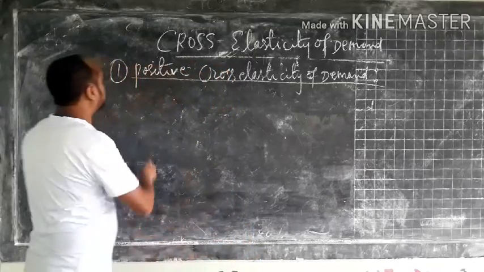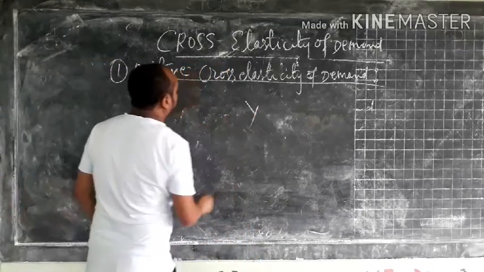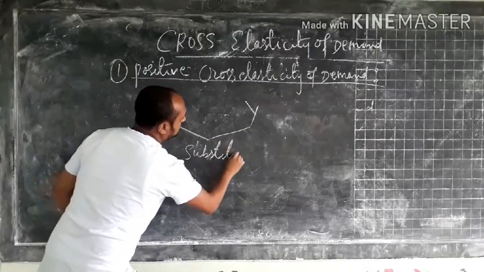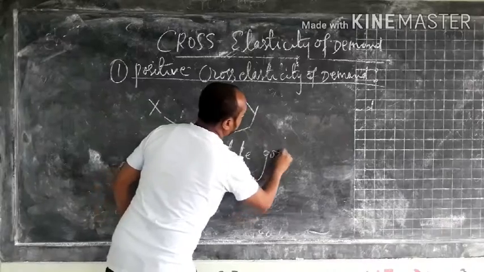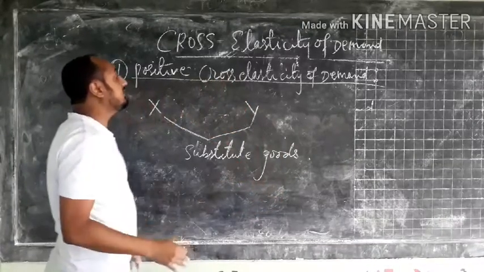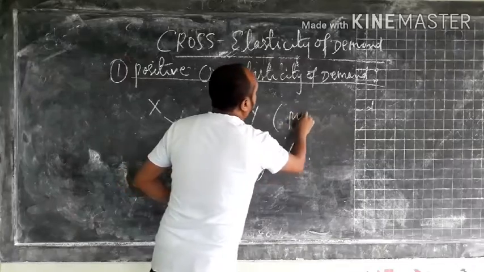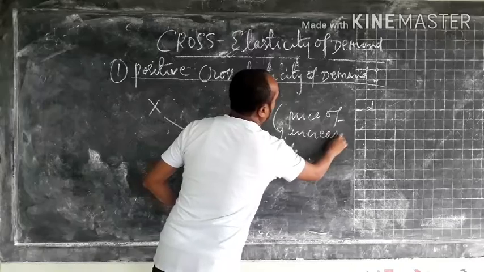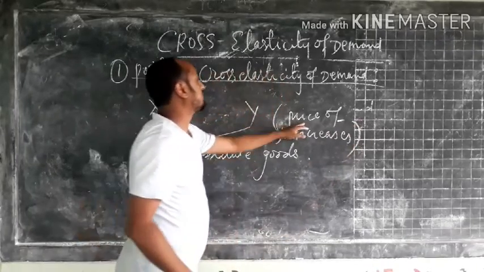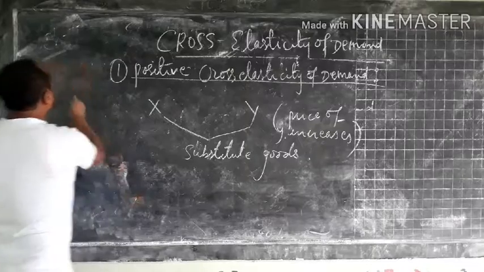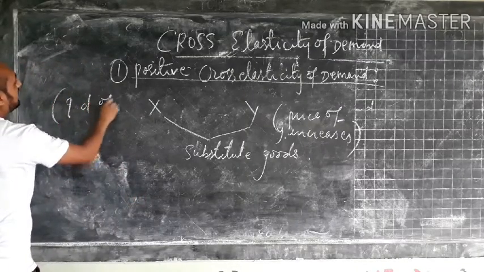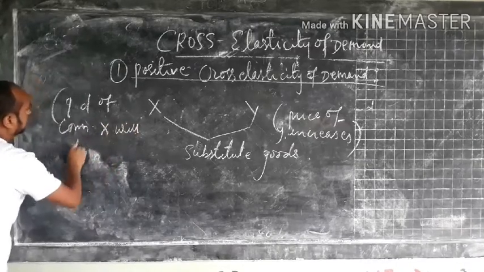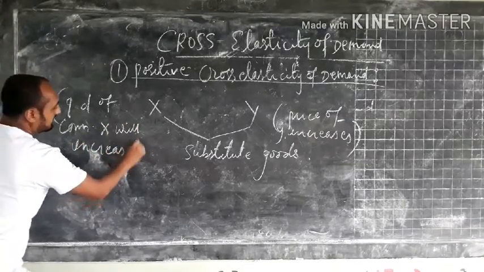I'll give one example. Suppose X and Y are two substitute goods. Now when the price of this Y increases, the quantity demanded of commodity X will increase.